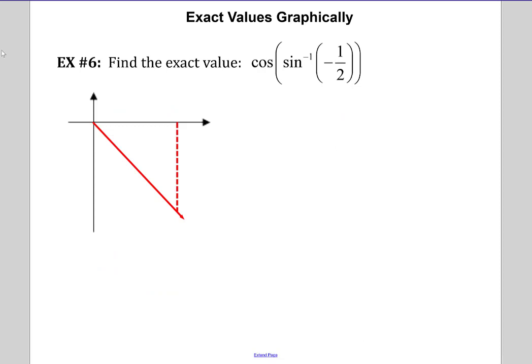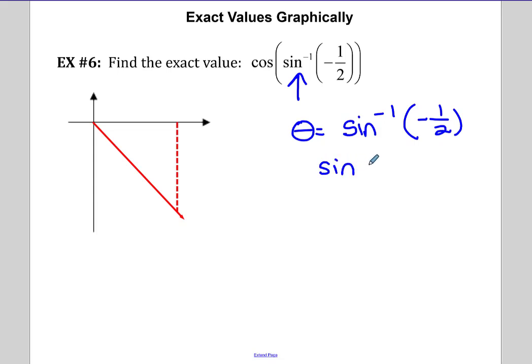In example 6, we can also evaluate inverse functions by drawing pictures of triangles. So in this case, we want to draw the triangle. See, sine inverse, this is a triangle. So I'm thinking there's an angle where the sine inverse is negative 1/2, or you can think about it, the sine of an angle is negative 1/2.